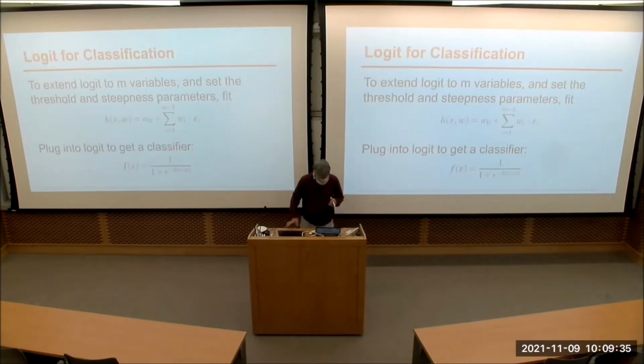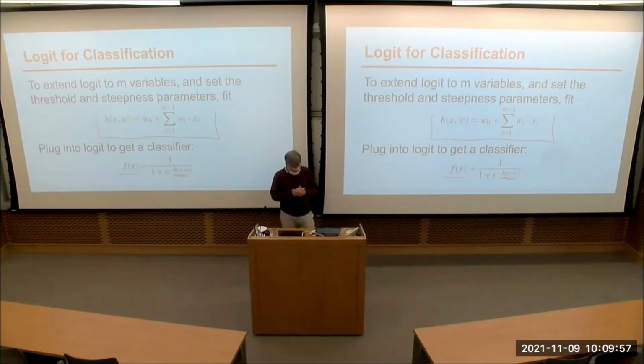We can generalize the Logit function by instead making the value of x, we will take x and pump it through some function h, where h is going to be a linear model on the input.